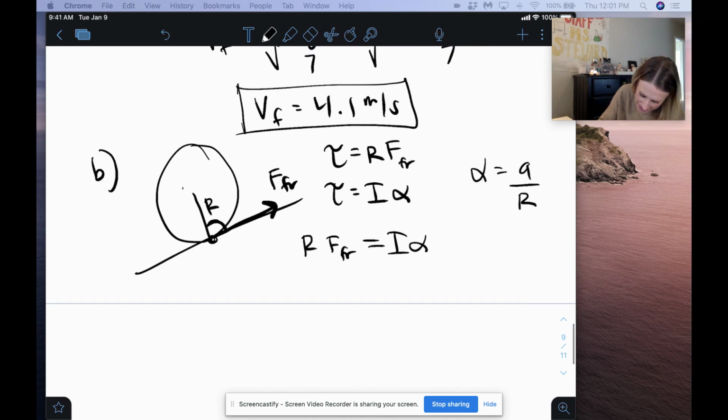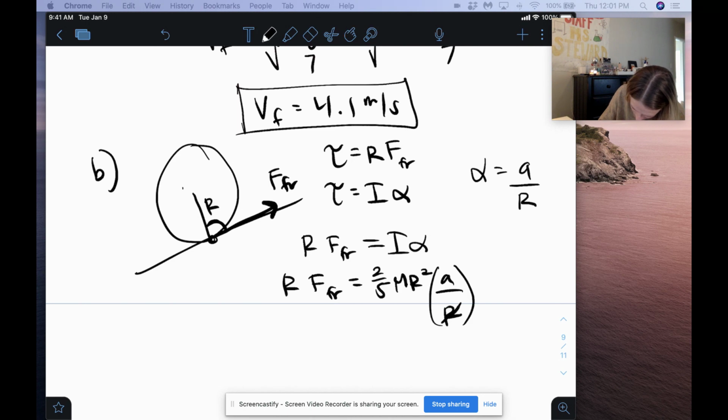So what we end up getting is R times the force of friction equals 2/5 mr squared times my angular acceleration, which is a over R. So R cancels with this R, this radius cancels with this radius, and I end up getting my force of friction equals 2/5 m times a.